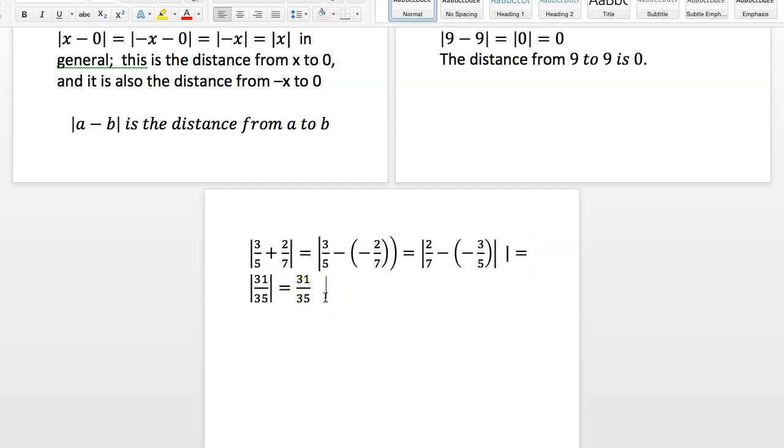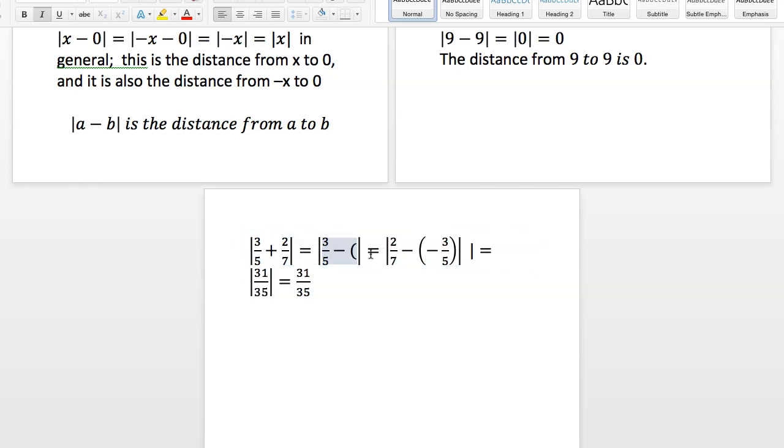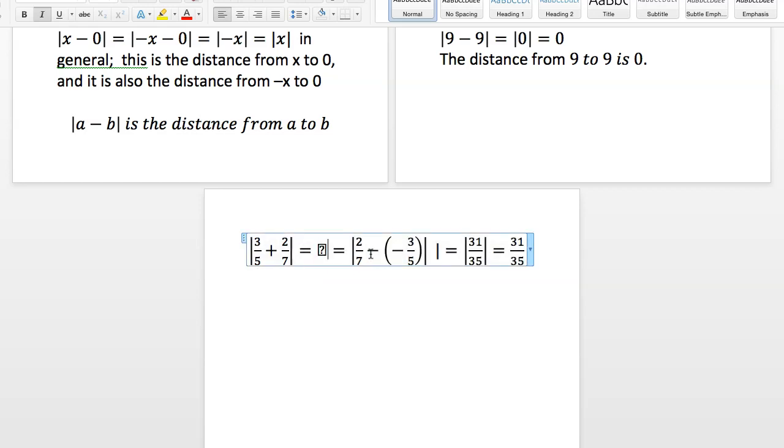Okay, so what about this? Did I do it again? I typed parentheses again. I went back, Jack, and did it again, didn't I? Well, 3/5 minus a negative 2/7. The numbers are pretty much right, but it's getting rid of my absolute value bar, and I don't like it, guys.